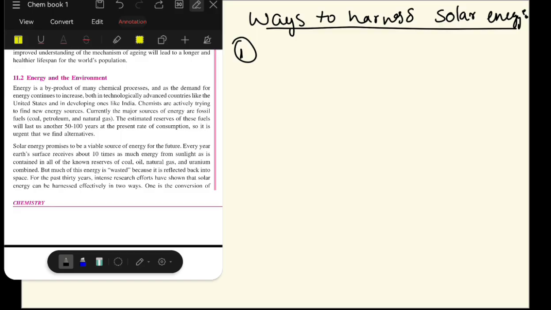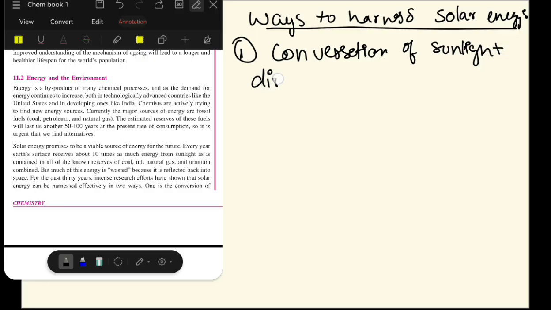The first one is the conversion of sunlight directly into electricity. Solar energy comes from sunlight. So the first way is the conversion of solar energy directly into electricity.